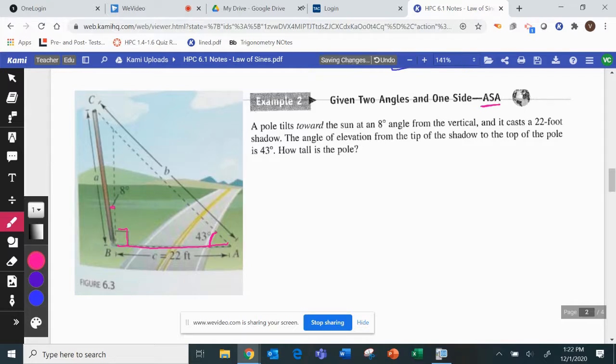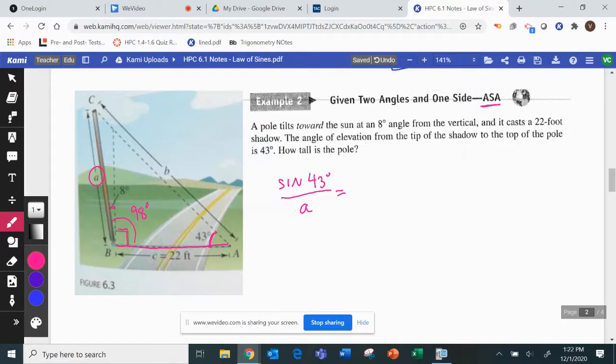So basically this is a 98 degree angle. So we've got angle side angle, and it asks, how tall is the pole? What is our A value? According to 43 degrees, A would be opposite. So I could do sine 43 degrees over A, but I'm solving for A. So I need an angle and the side opposite it.